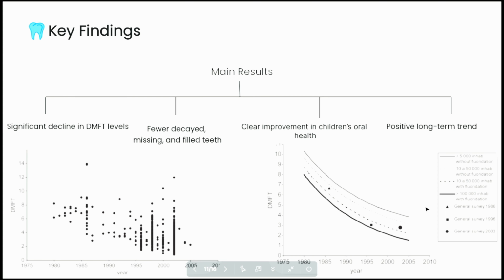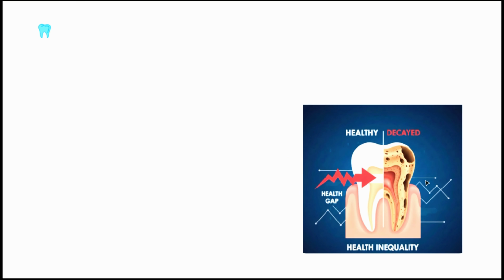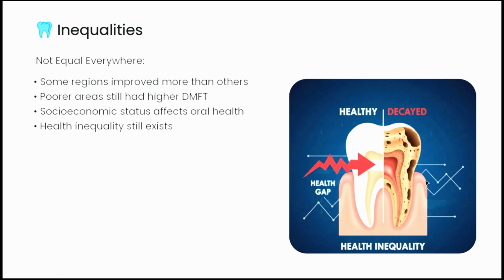However, the researchers also mentioned that this improvement was not equal in all regions, and children in poor areas still had higher DMFT levels compared to those in richer areas.